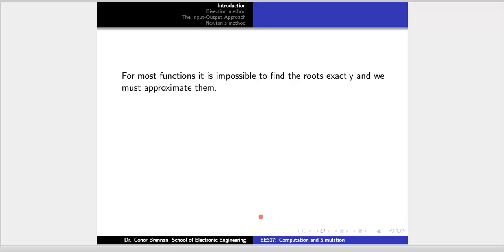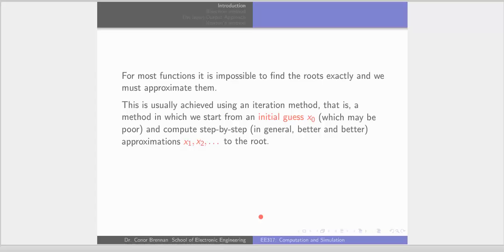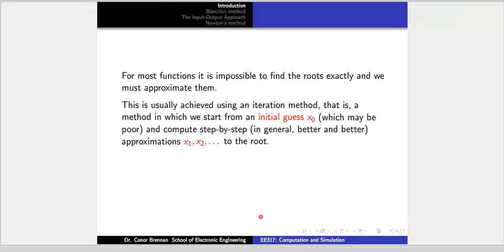So, in words: for most functions, it is impossible to find the roots exactly, and we must approximate. Now, how do we approximate them? We're going to approximate them using an iteration method, by which I mean we're going to start with an initial guess, x0.